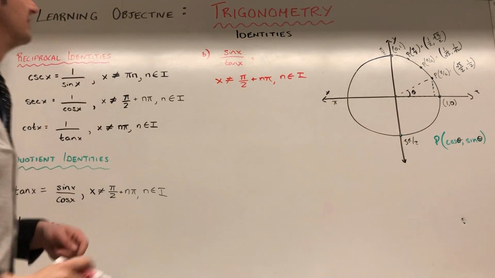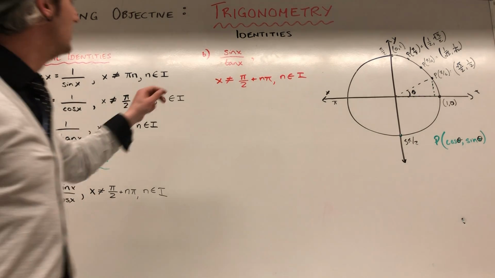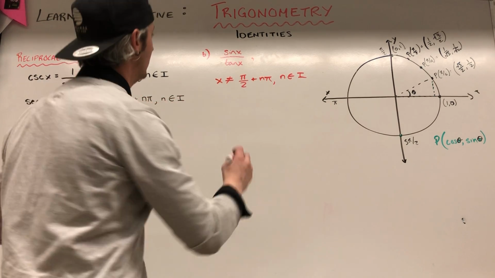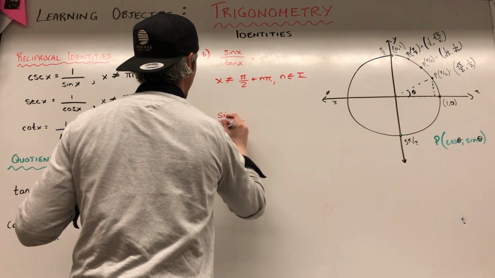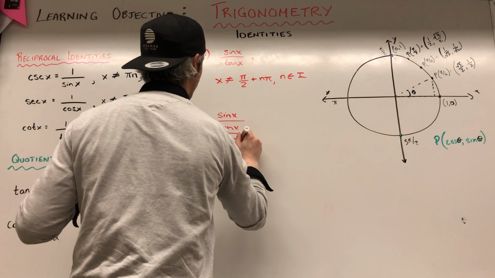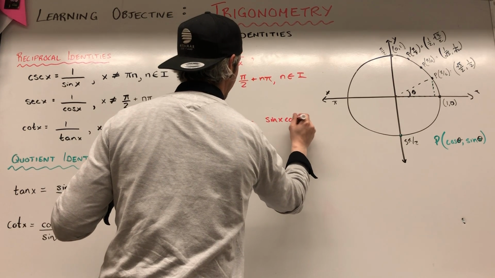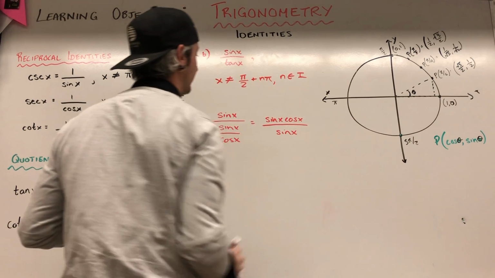The other one is, are there any values that are going to make, well, if I write this out, sine of x divided by sine of x over cos of x, I can rewrite as sine x cos x over sine x.